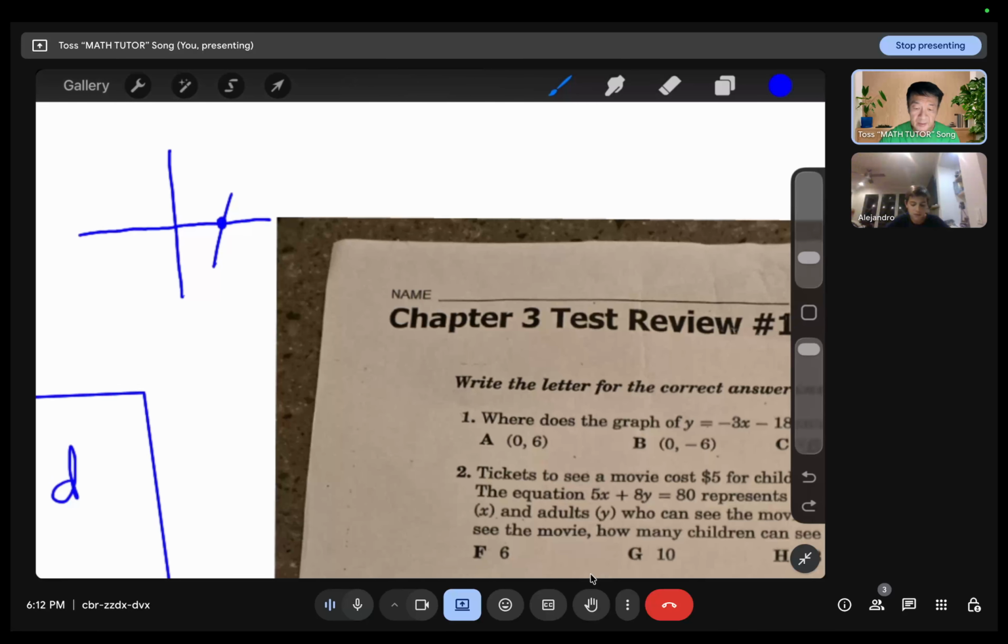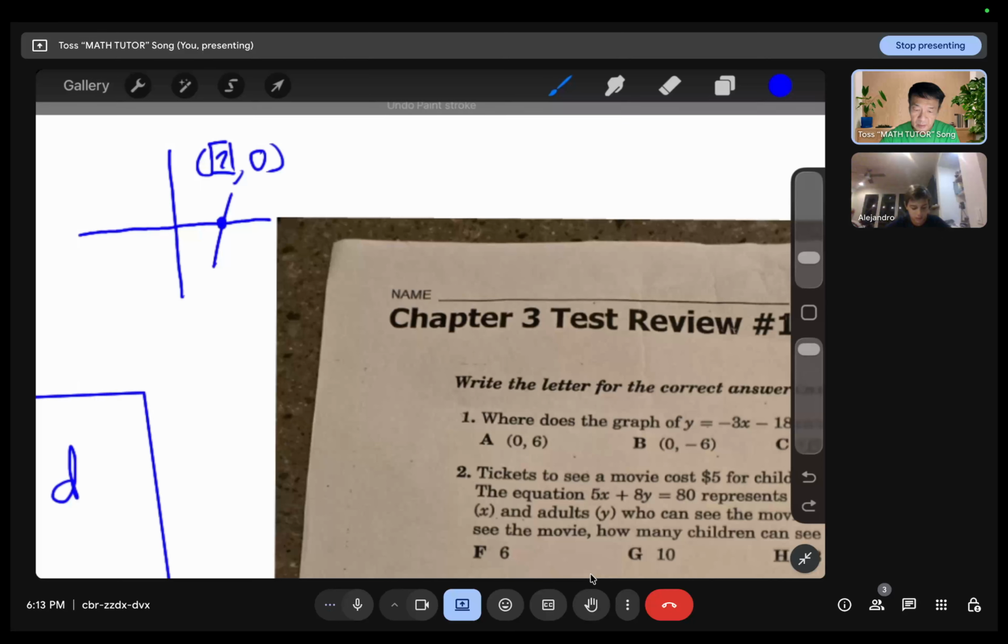So x-intercept. If you were to label that point, you always know one number for sure: y will be 0. Y has to be 0. And x, it depends. I did not scale this x-axis, so I need to find what that x is. That means you solve for x when your y is 0.